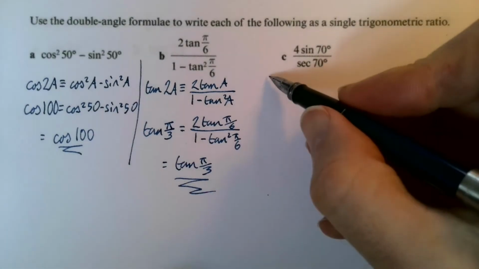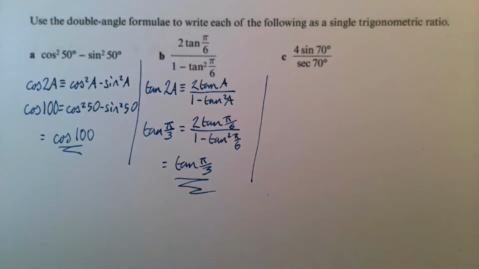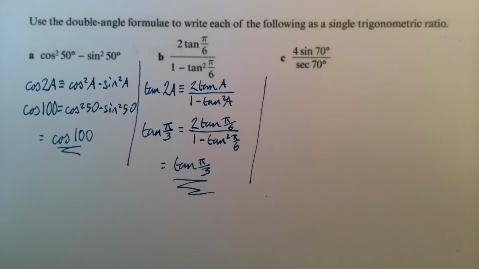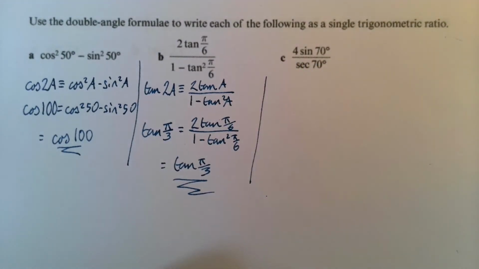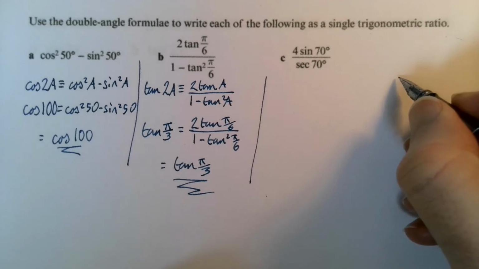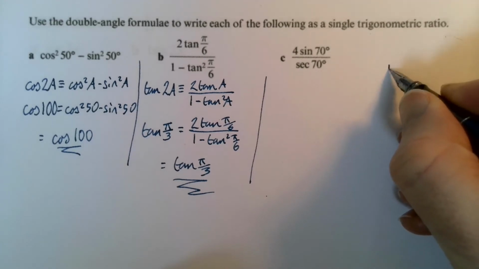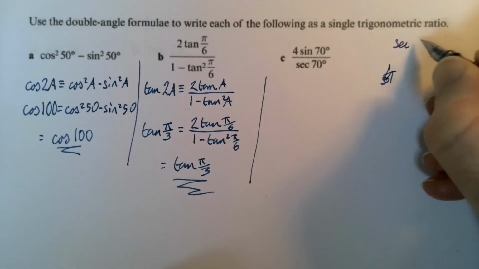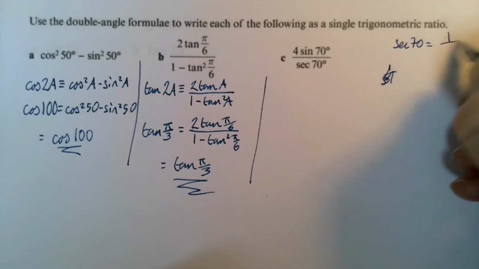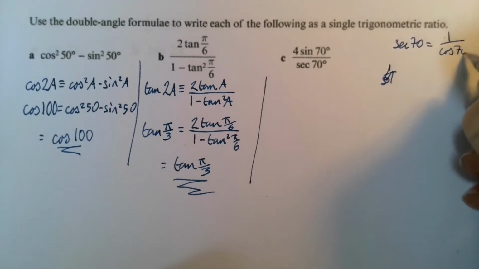Right, and the last one, not necessarily quite so obvious, this one. Generally the key to making sense of this is, whenever you've got a sec, a cosec or a cot, to put it into the function that you do understand. So I know that sec 70 is equal to 1 over cos 70.